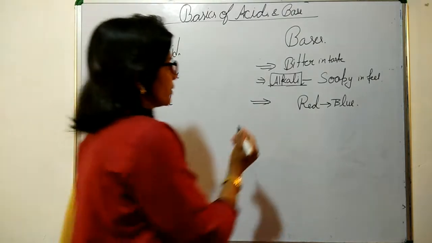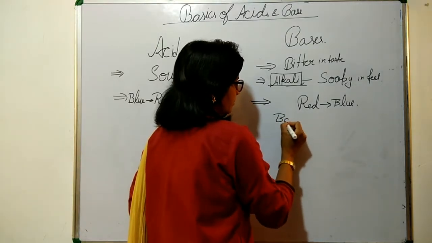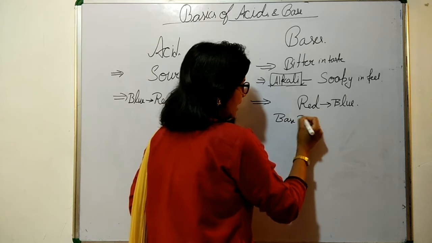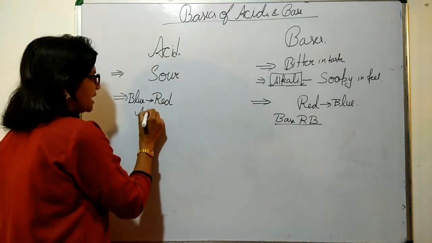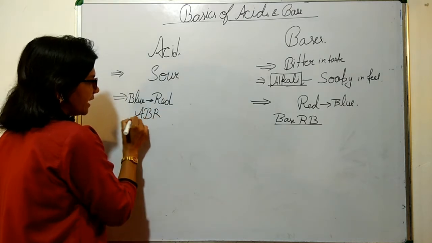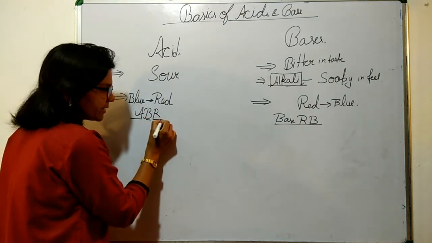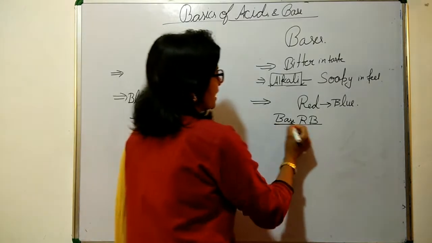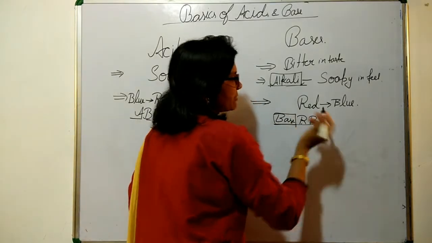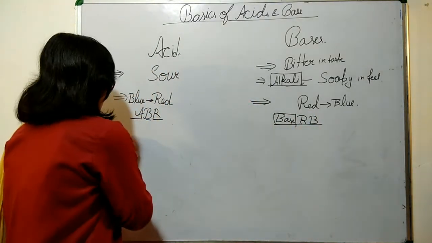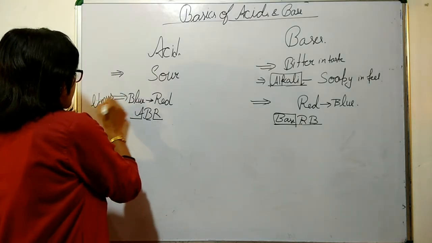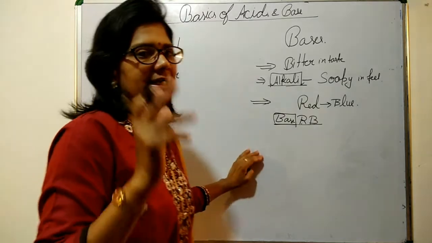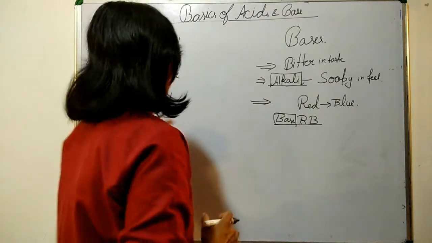We can remember it as BRB or ABR: acid turns blue litmus paper into red, or BRB, base will turn red litmus paper into blue. About litmus paper, we'll explore more in the same class but later.